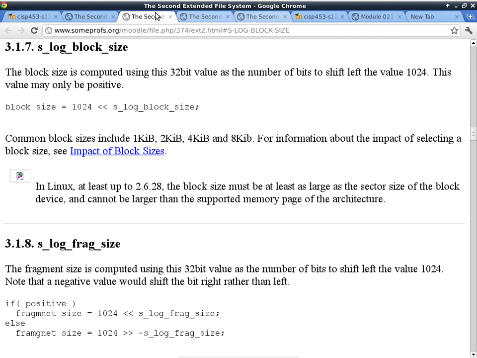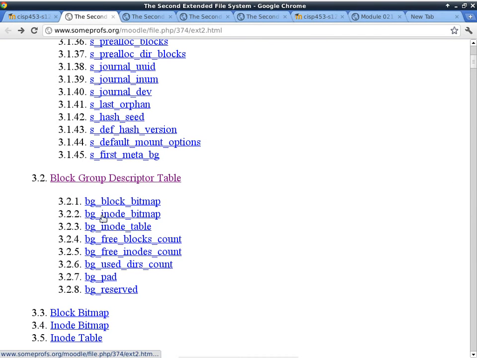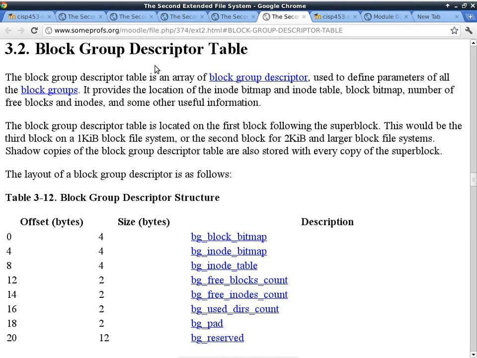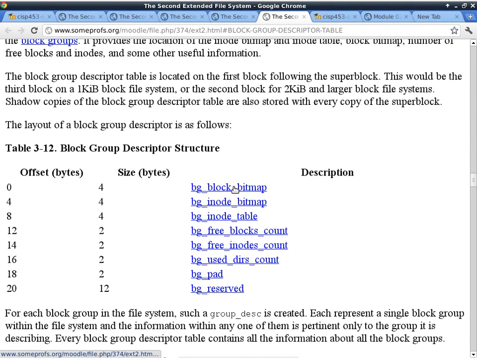All right, so let's go back to here. Okay, so let's see, open a new tab. Okay, so the block group descriptor table has all these entries: block bitmap, inode bitmap, inode table, free blocks count, free inodes count, and so on and so forth.